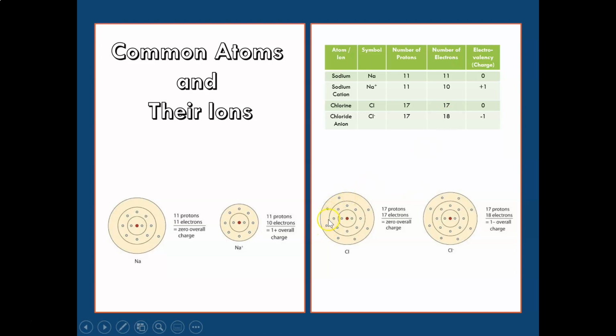We see we've got 1, 2, 3, 4, 5, 6, 7 electrons. It's gained 1 easily, which makes it our chlorine anion there. So it's gained an electron. That's now a -1 because it's got 1 more electron, which is negative, than it has protons. So that's what makes it our anion.